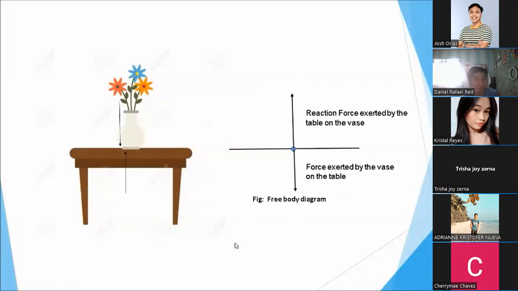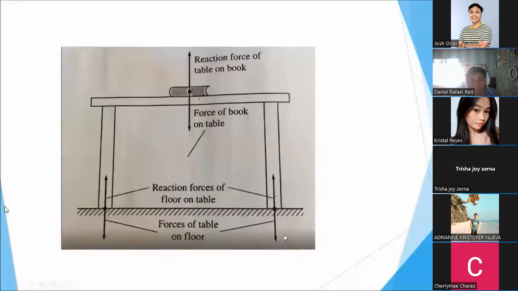Let me give you another picture so that you'll have an idea that there is not just one force pair in a situation. So take a look at this. It looks like our flower vase on a table, except this one is a book. The downward arrow here is the force of the book on the table, and the upward arrow is the reaction force of the table on the book.